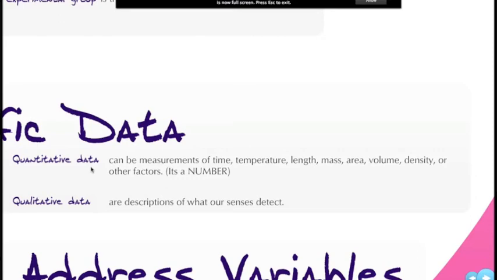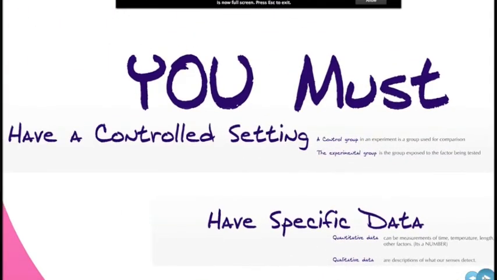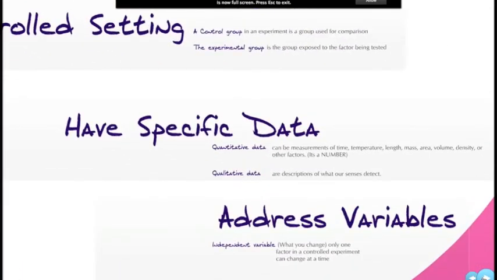What does it look like? You're not measuring direct numbers, you're measuring what's the quality of the data. Such as, oh, the corn cobs all look brown. Corn cobs all look white. Okay? That's qualitative.